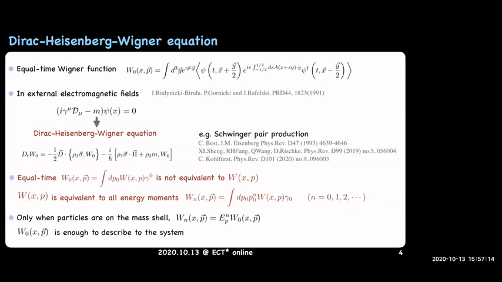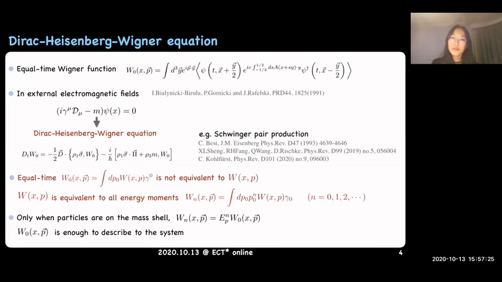Then it is much more convenient to have covariant equations. Yes, it's true. If it is always on shell, it is more convenient to work in the covariant one.